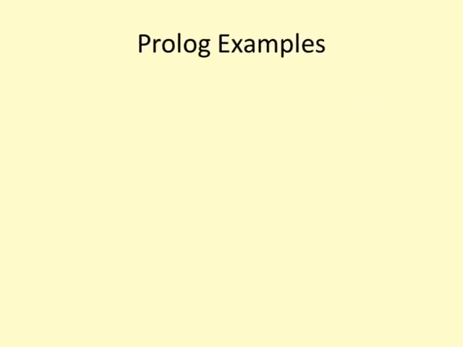Here are some examples about Prolog. To represent that John is the father of Pete, you write father(john, pete). To ask who is the father of Pete, we write father(X, pete), and Prolog answers X = john.